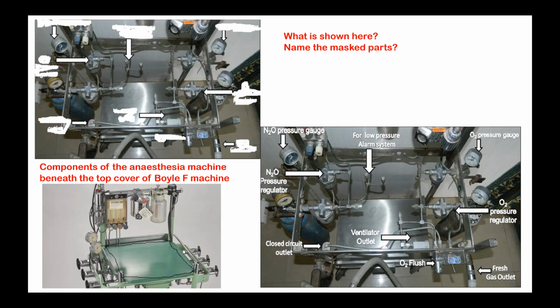But when nitrous oxide is being used, you are likely to deliver a hypoxic mixture. So all the machines have a provision to supply a minimum of 25% oxygen in the total mixture. For that we have what is called the hypoxic guard or the link-25 mechanism, which we will be seeing later.